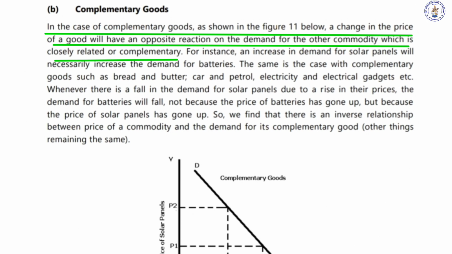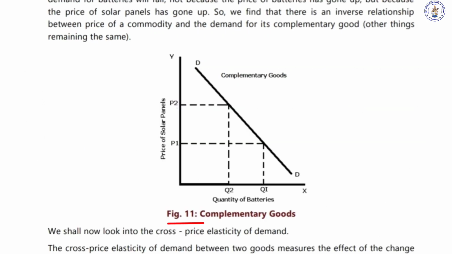Say for example, with the diagram in figure 11 on page 2.43, let me explain to you. On the y-axis you have been given the price of solar panels. Instead let me explain it with bread. OY is the price of bread, whereas OX is the quantity of jam.